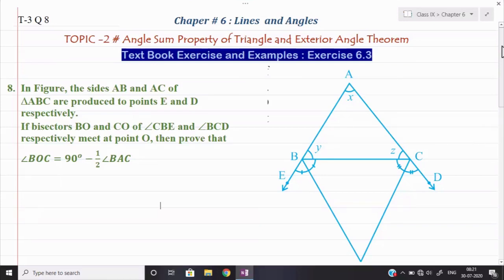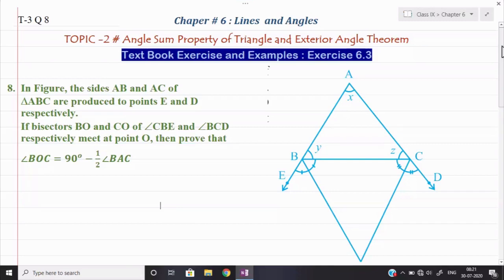In this question, see what is given: in the figure, side AB and side AC, two sides of a triangle ABC, have been produced up to the points E and D. Now they have drawn the bisectors.